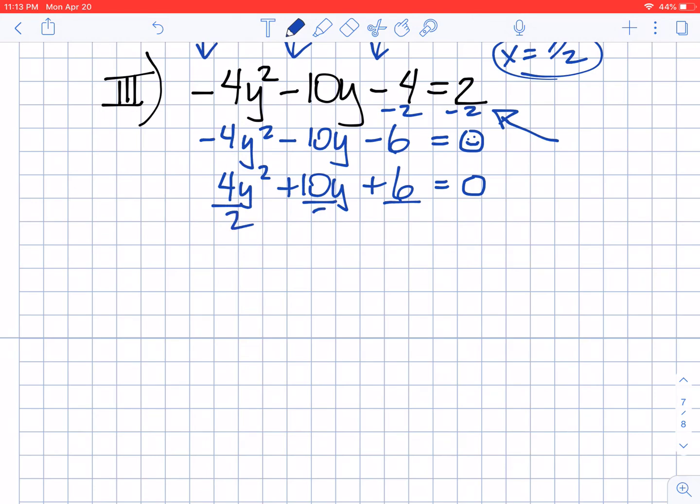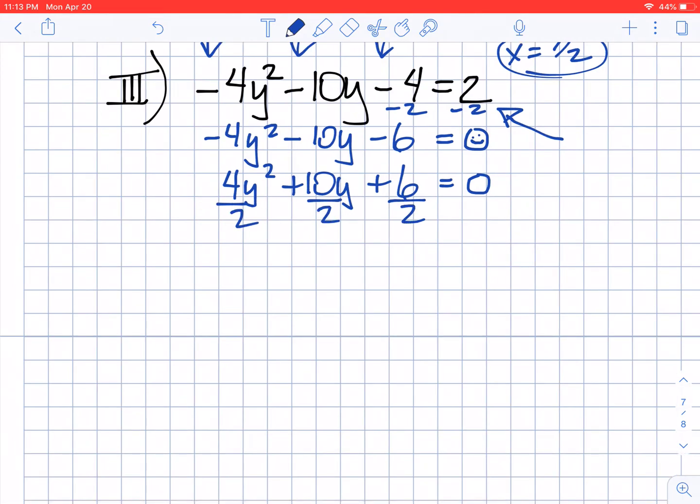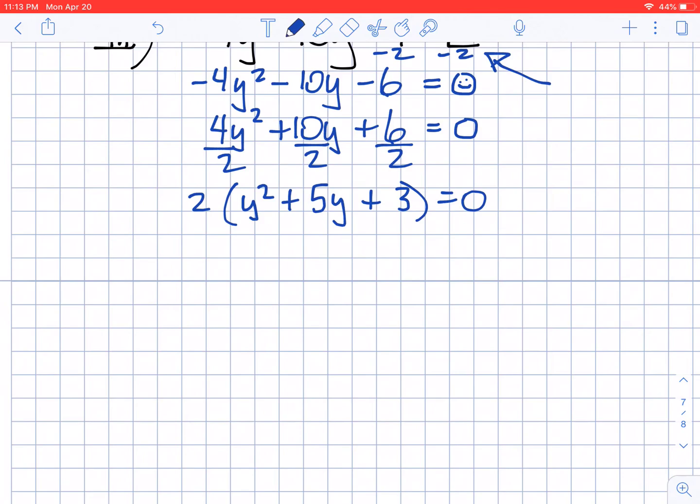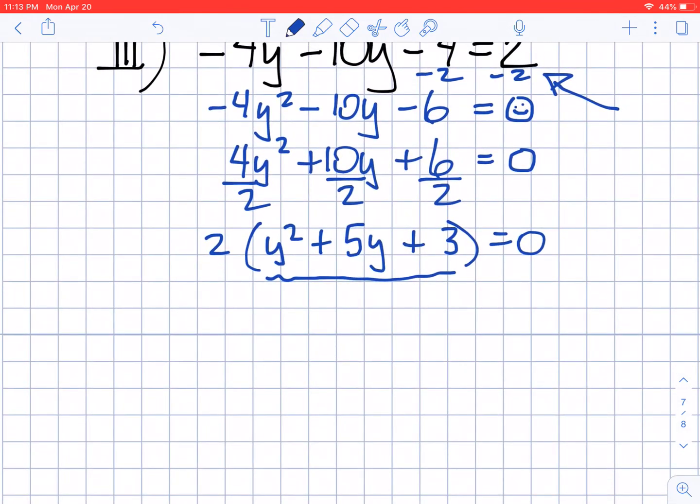See that? So I'm going to put a 2 in front and say y squared plus 5y plus 3 equals 0. Now I still need to work with this. Whoops, and I made a mistake. Did you see it? That first term should not be just y squared, but a 2y squared.